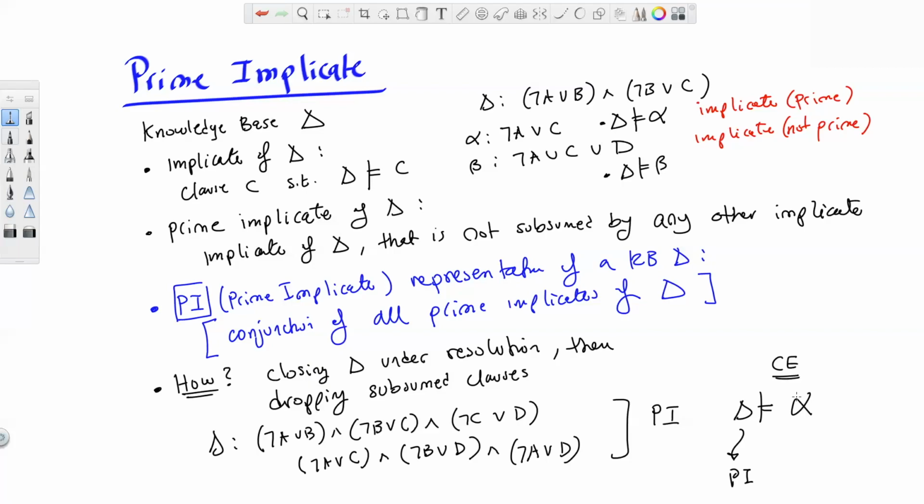Well, in this case, if you have a PI form, then it's already closed under resolution. So if you want to existentially quantify a variable, let's say D, all you have to do is drop the clauses that mention D. That would be 1, 2, and 3, and that's good. So existential quantification and clausal entailment are two things that are actually easy on this PI representation.